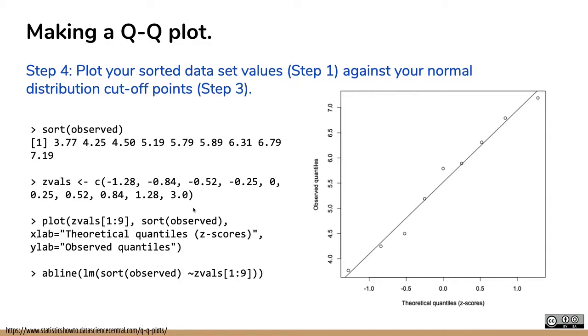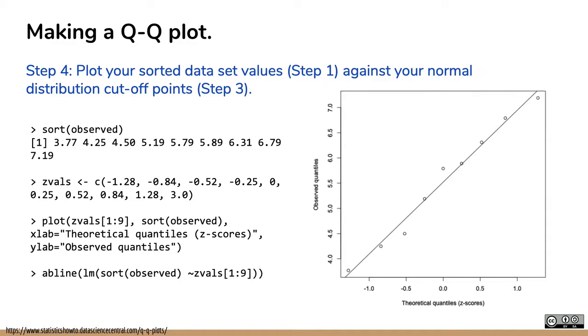What we're plotting is the theoretical quantiles, the z-scores associated with those quantiles, and in this case we know they're deciles, versus the observed quantiles, our actual data. The cut points in our actual data that define deciles. And what you can see is it's not perfect. I've drawn this perfect y equals x line, but gosh, it's pretty close. Most of the points are right around that diagonal line.